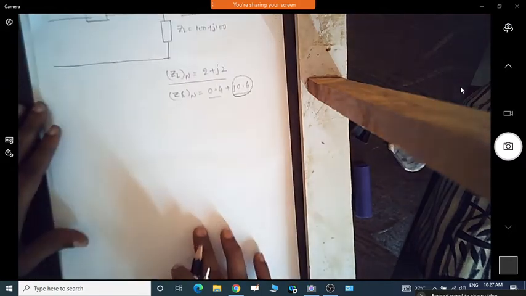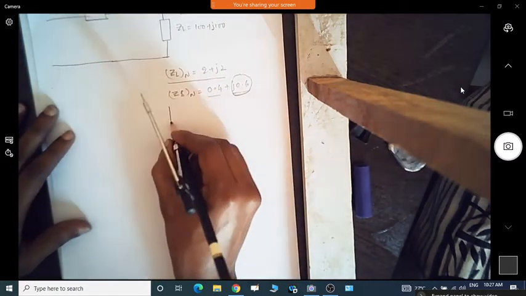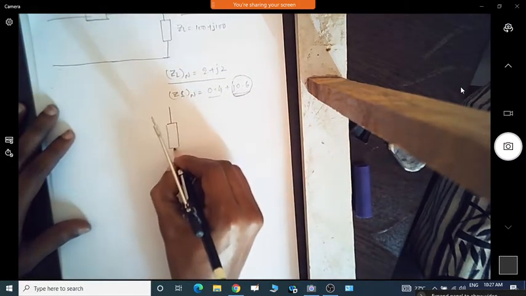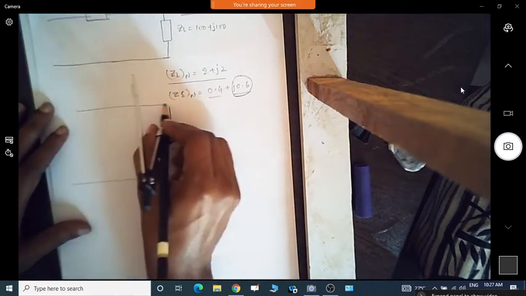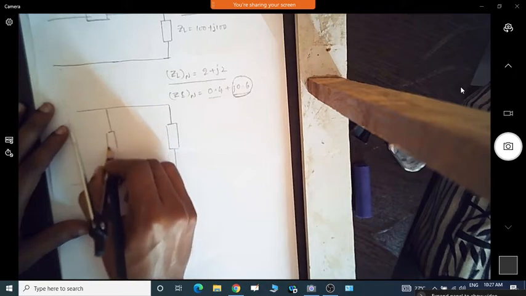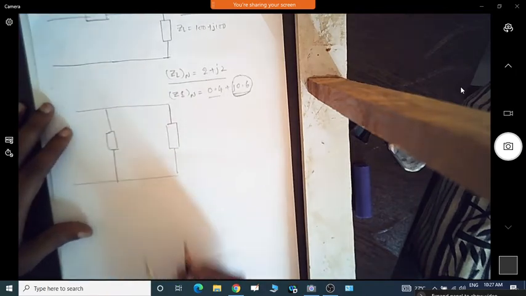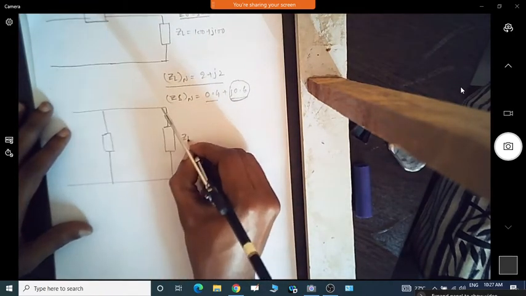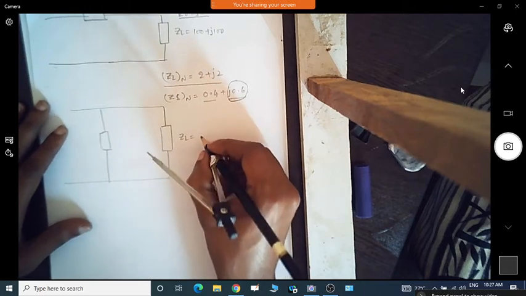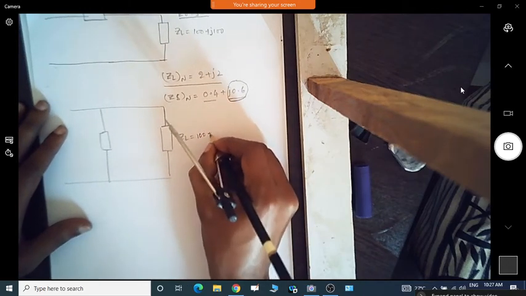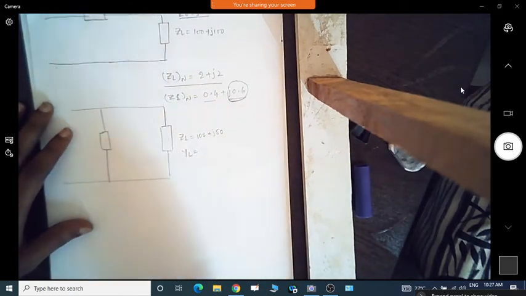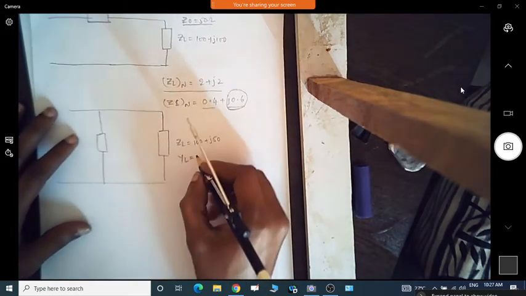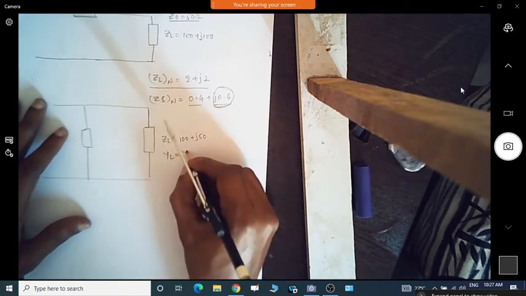Now we can even have the parallel combination, where we have the complete chart. We need the Y chart here. Let us take the impedance value equal to 100 plus j50. Now we can find out YL.